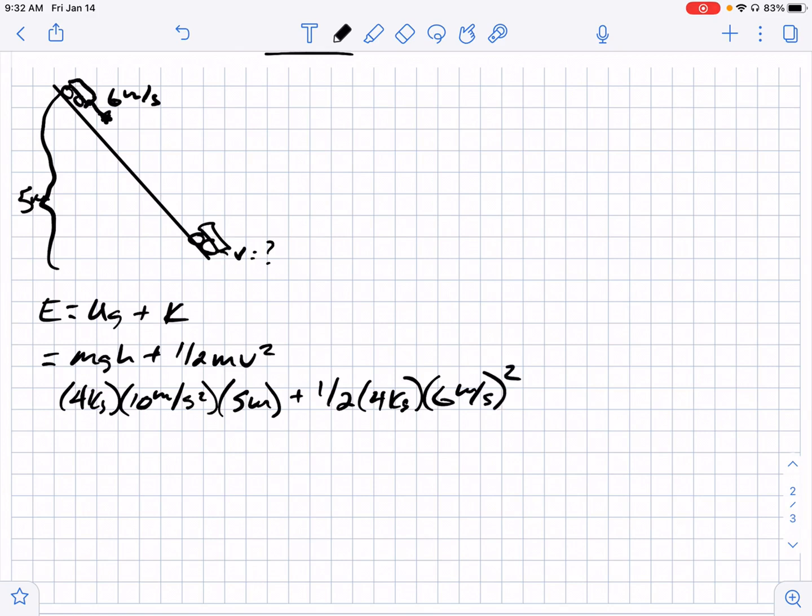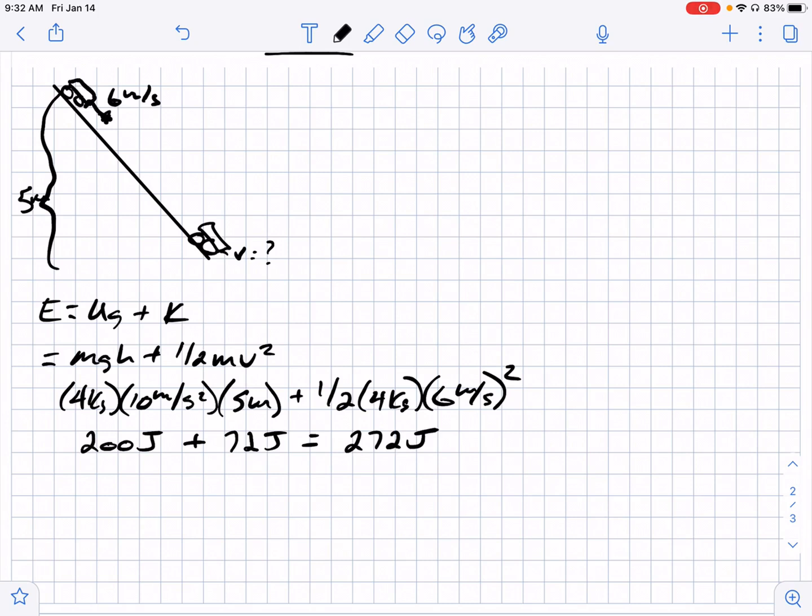All right, so our gravitational potential energy, we have 200 joules. In our kinetic energy, we have 72 joules. So the total energy at the top of the ramp is equal to 272 joules.